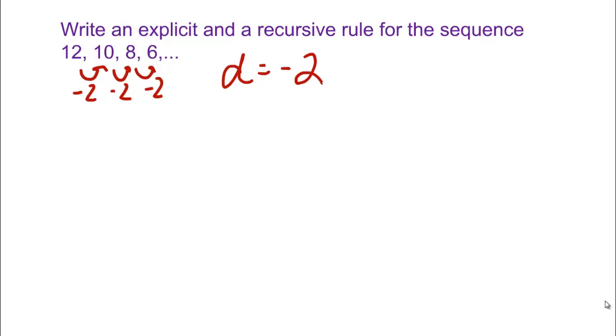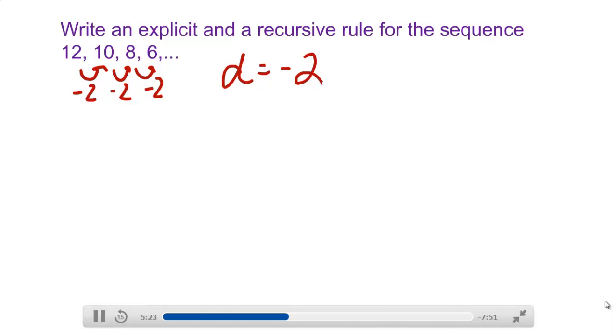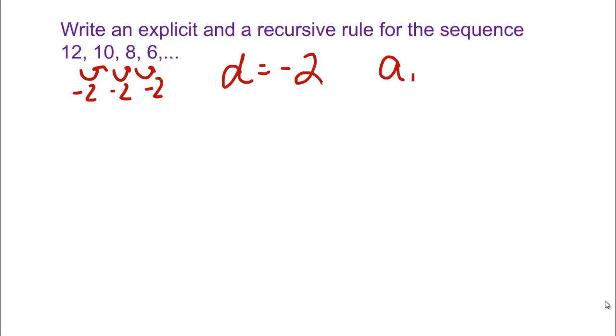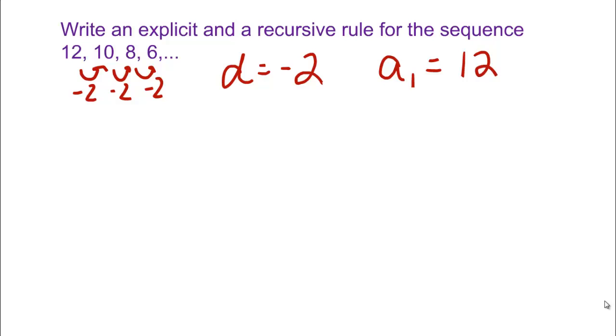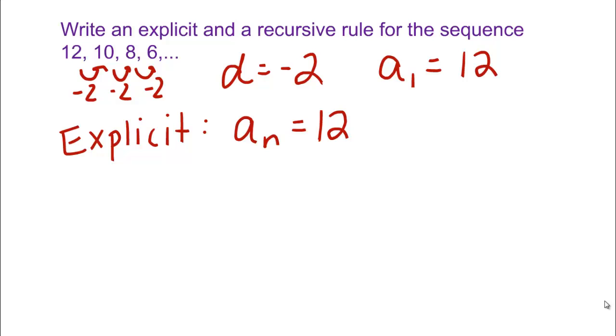The other ingredient that we need to write our explicit rule is a1. I can just look in this case and see that a1 is 12. So for our explicit rule, I can see that our nth term will be our first term, 12, plus -2 times n minus 1.